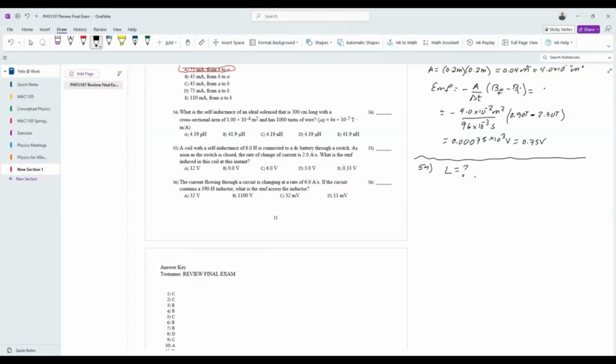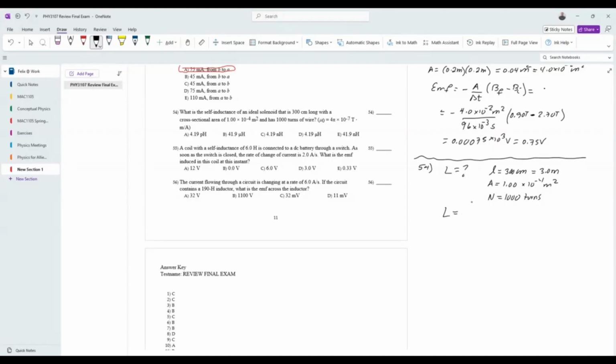So they ask what is the self-inductance of an ideal solenoid that is 3.0 meters long, with a cross-sectional area of 1.00 times 10 to the negative 4 meters squared, and it has 1,000 turns. Now, what is the equation to calculate the inductance?